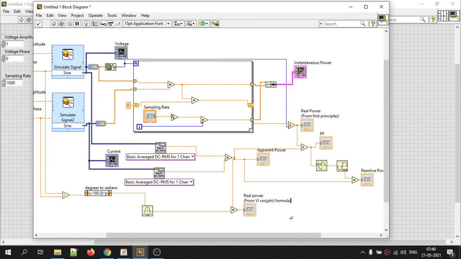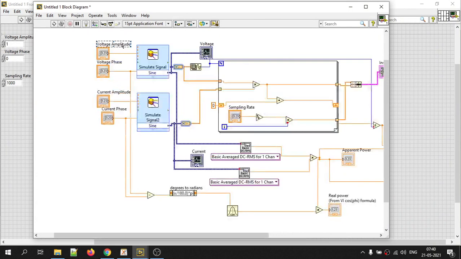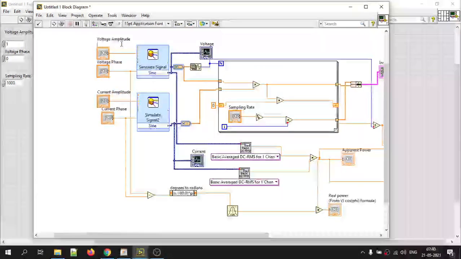So this is the real power from VI cos phi formula. Let me enter units for all the blocks so that it is meaningful.